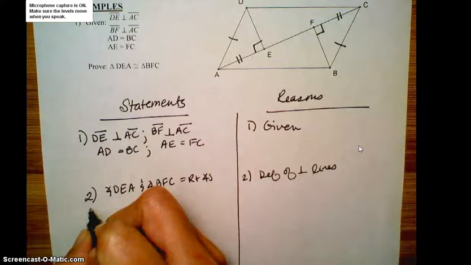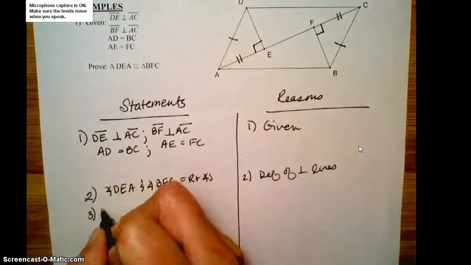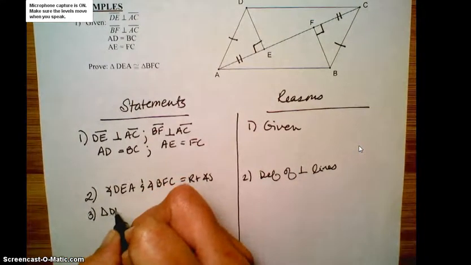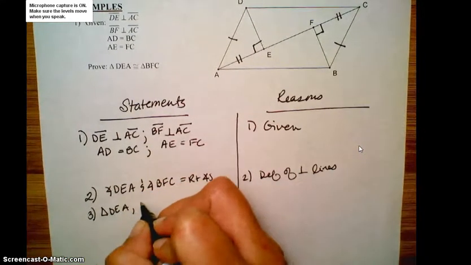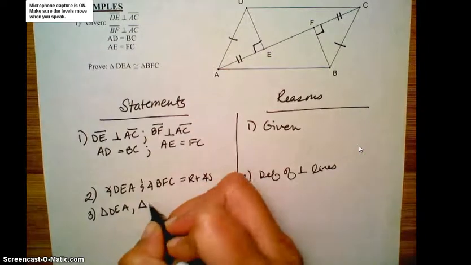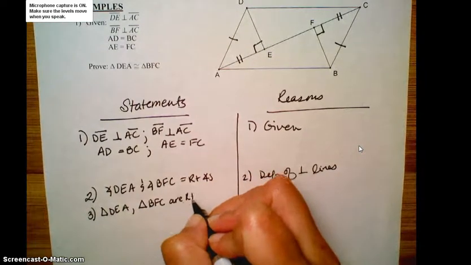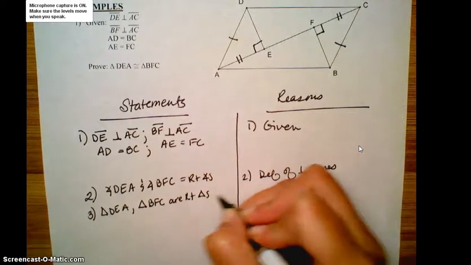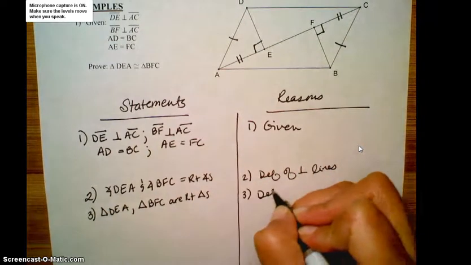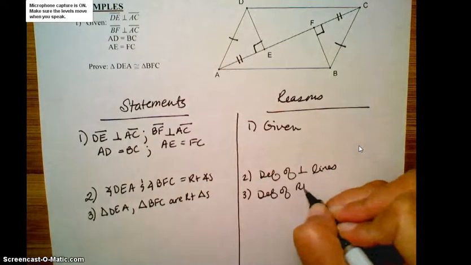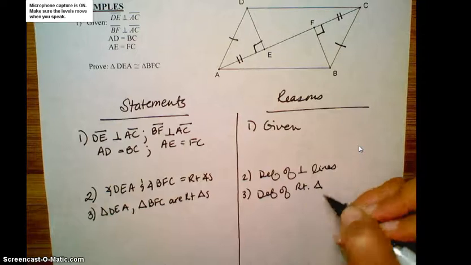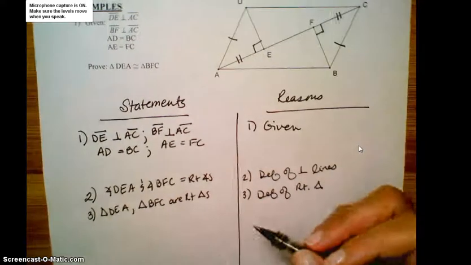Now, if those are right angles, then triangle DEA and triangle BFC are right triangles. Your reason for that will be the definition of a right triangle, which is that it has one right angle inside of it.